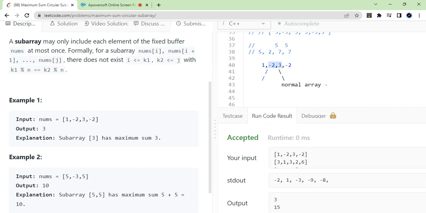A subarray is just this element, or these two elements connected together. And then there is the case where we are going out of boundary. So we have to handle out-of-boundary subarrays. Some subarrays are out of boundary but are still good subarrays, and some are just normal subarrays, right?